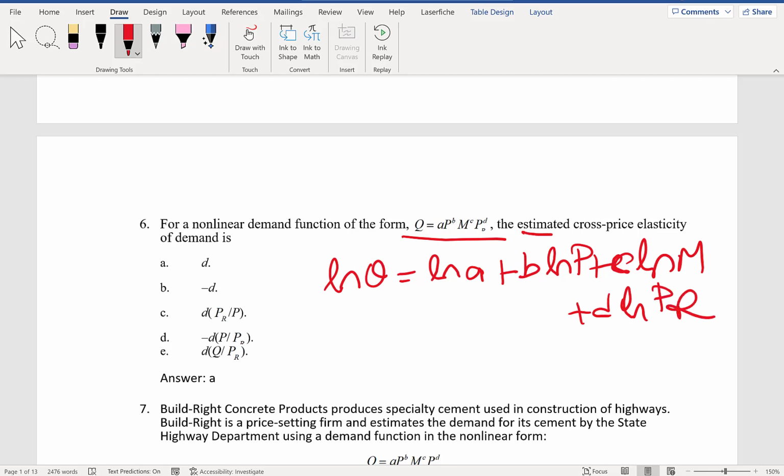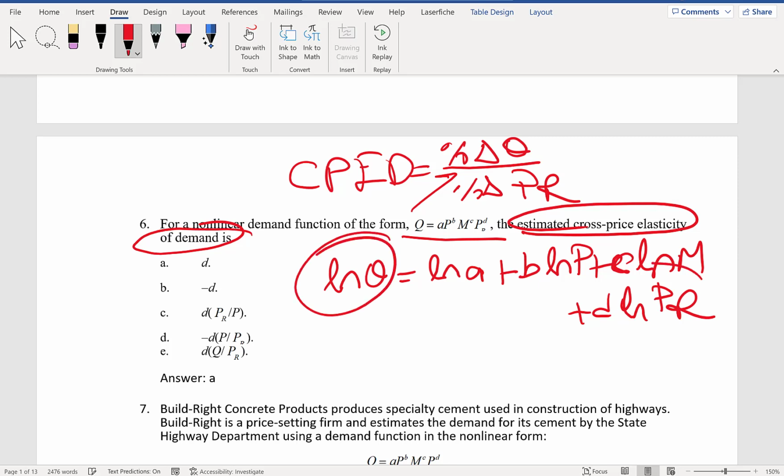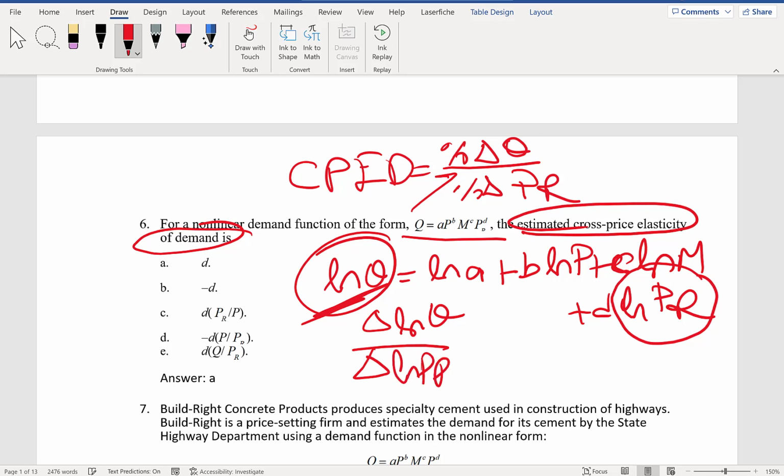So in this case, cross price elasticity of demand is the percent change in quantity of our good in question divided by the percent change in price of the related good. The great news is that once you do this transformation, the percent change in quantity will be the change in ln Q divided by the change in ln PR.